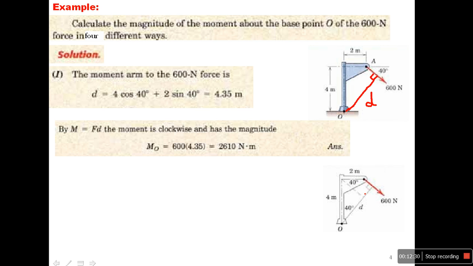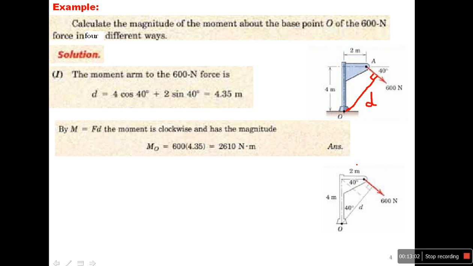So I need to calculate D. Again, if I draw from O a line perpendicular to F, I can get the moment about O. That means 600 Newton multiplied by D gives the moment. Now, what is D equal to?